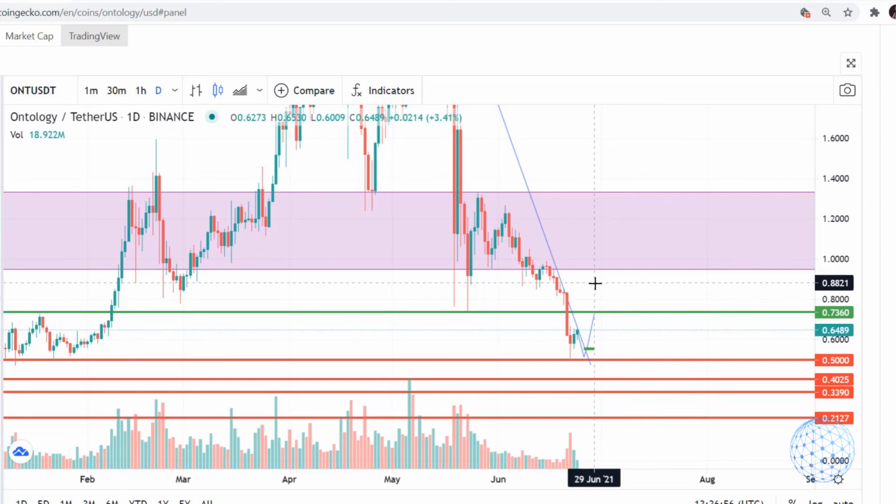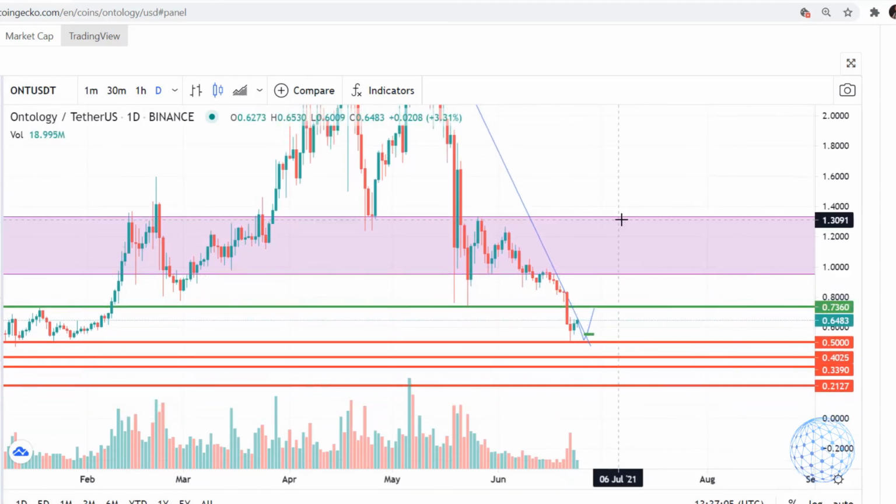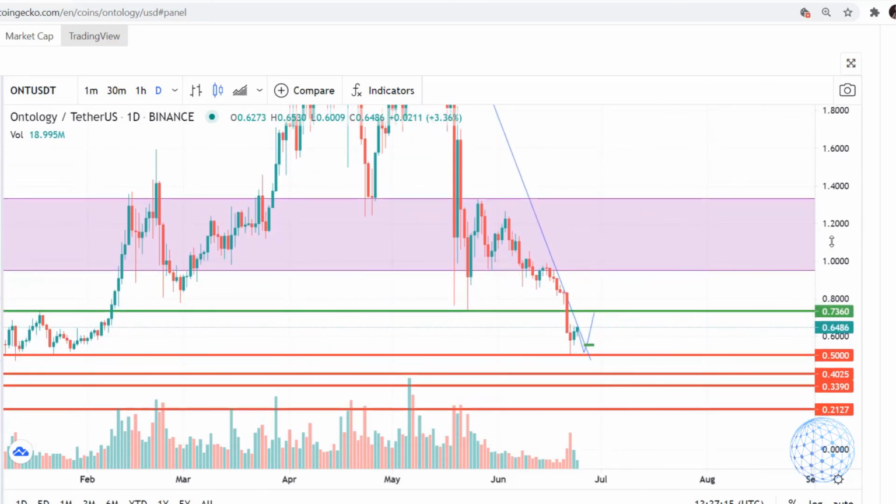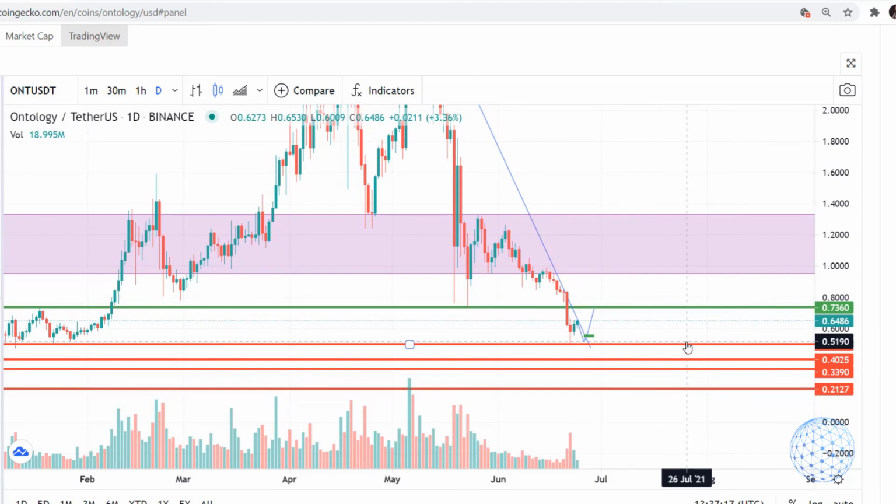If the market turns up again, being positive, if we see a clear uptrend which is defined by a series of higher highs and higher lows, then yep, we could be hoping for new record highs for 2021. But for the moment the market is bearish, we need to be realistic, and targets such as 0.73 are more realistic to me. After that is the $1, and then as I said 1.33.